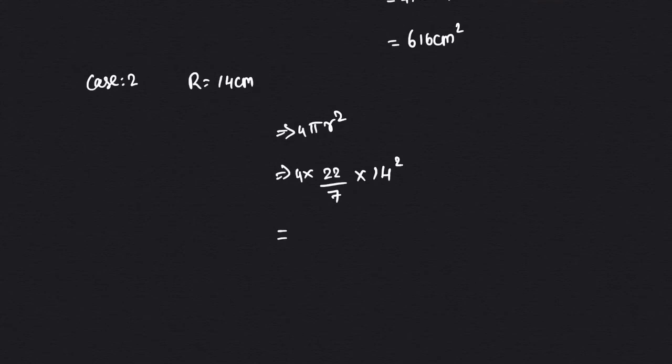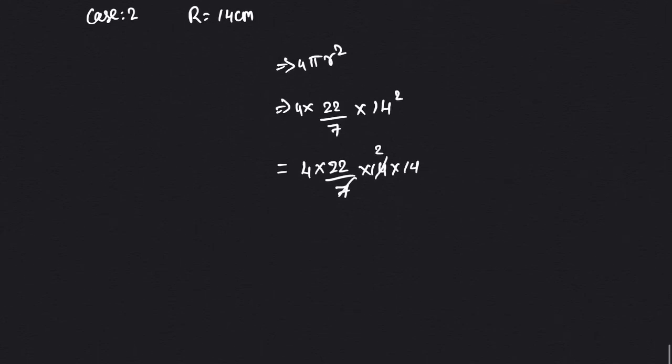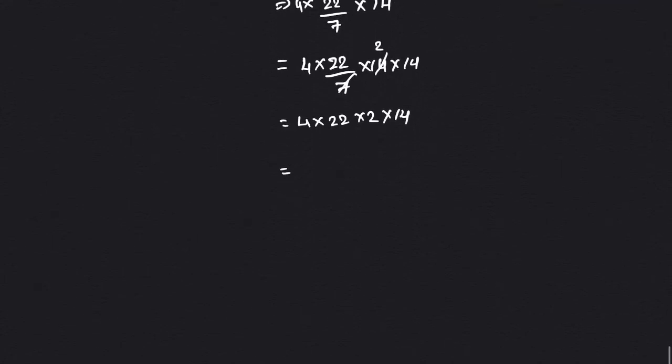Just splitting the value, 4 multiplied by 22 by 7 into 14 because of the square. After cancelling, this will be 2. Then 4, 22, 2 and 14. So the final value is 2464 centimeter square.